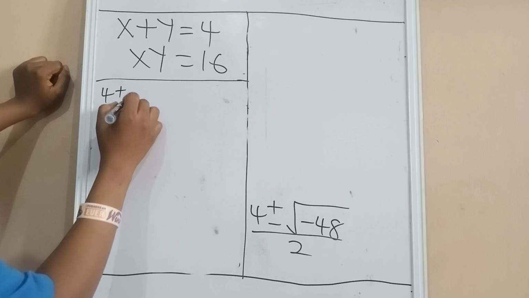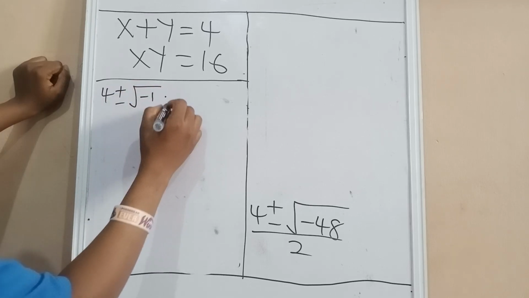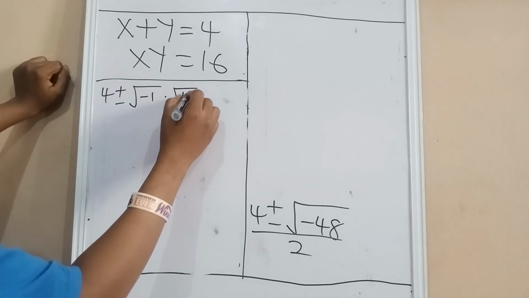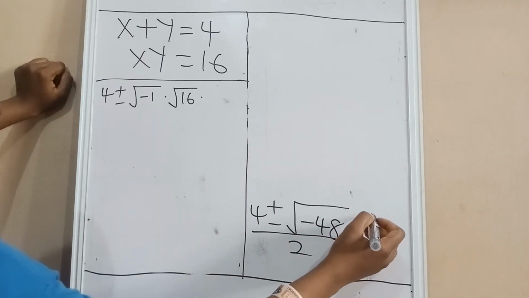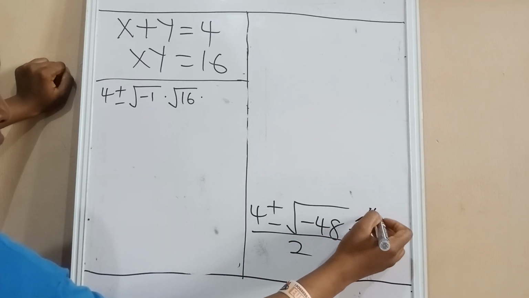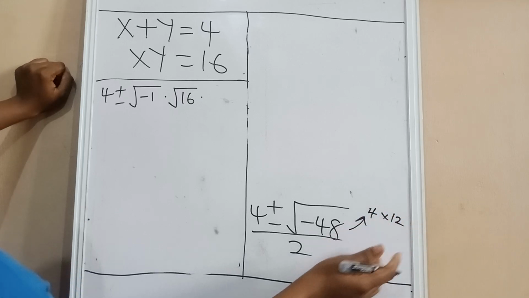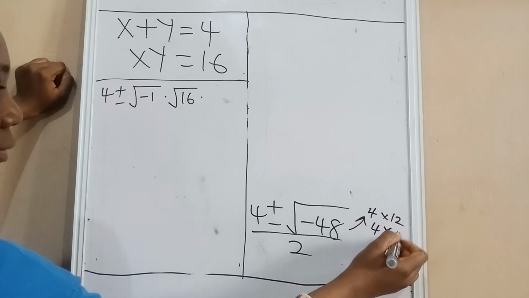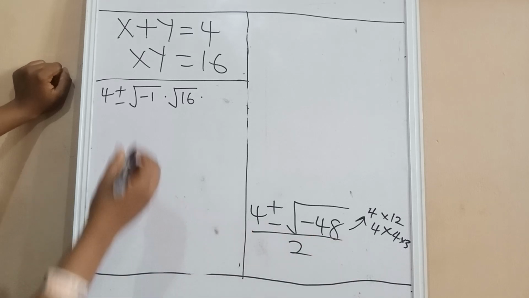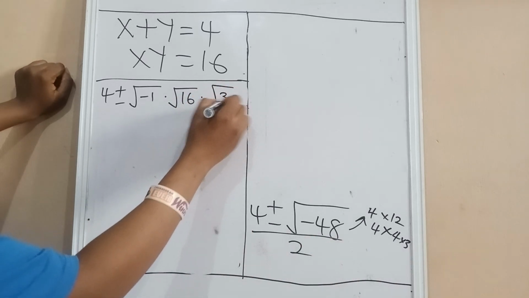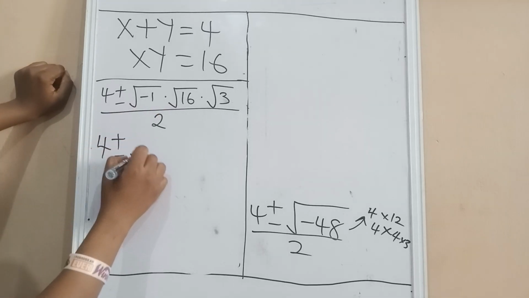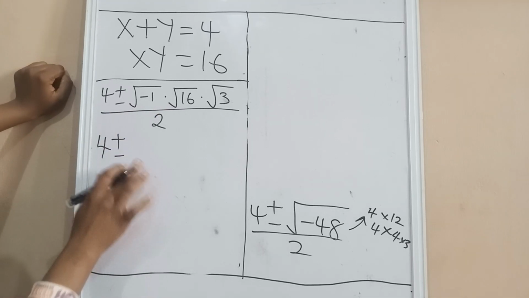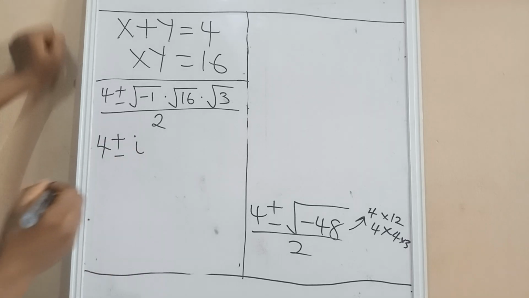4 plus or minus the square root of minus 1 times the square root of 16. Okay, because this can be split into 4 and 12. Now we can get 4 and 4 and root 3 from this, all over 2. Now this is 4 plus or minus, this is going to give us the imaginary number i.